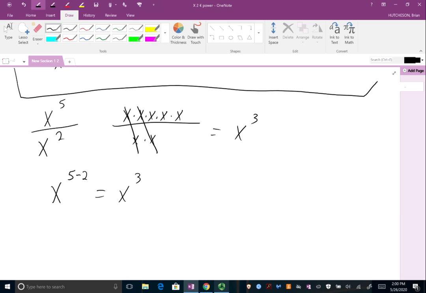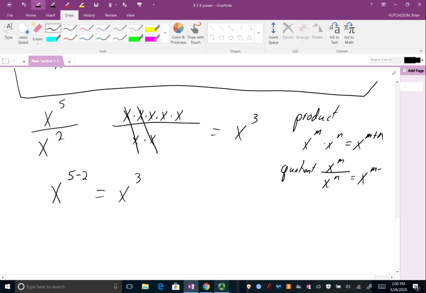Right, so just a little bit of a recap. Product rule says x to the m times x to the n is x to the m plus n. Quotient rule says if you have x to the m over x to the n, you get x to the m minus n.